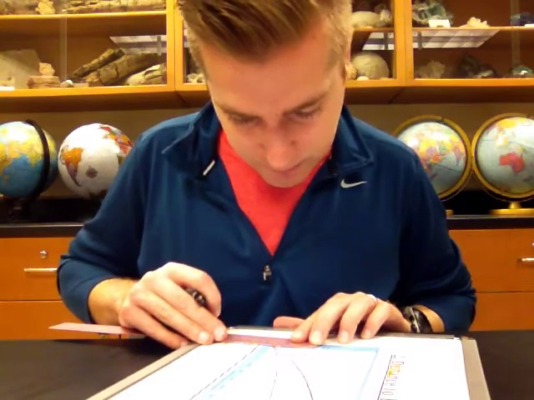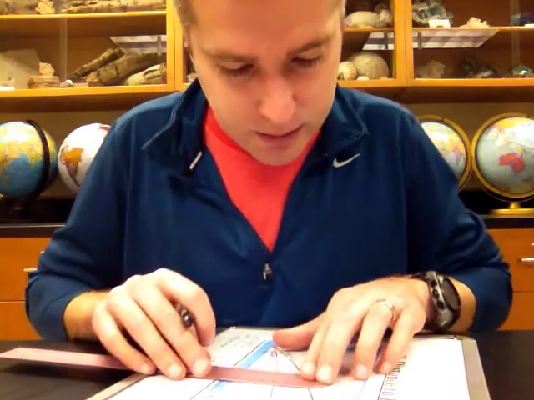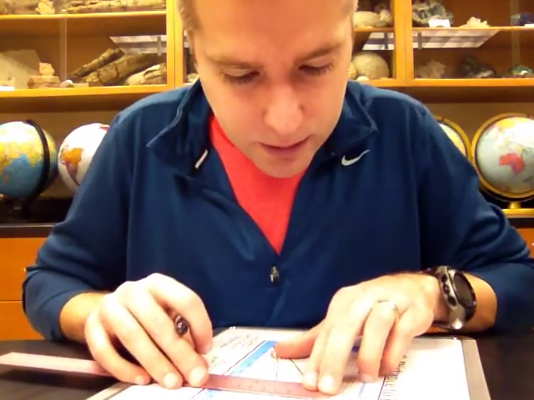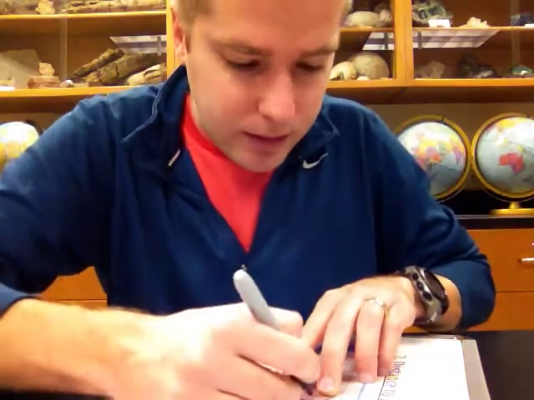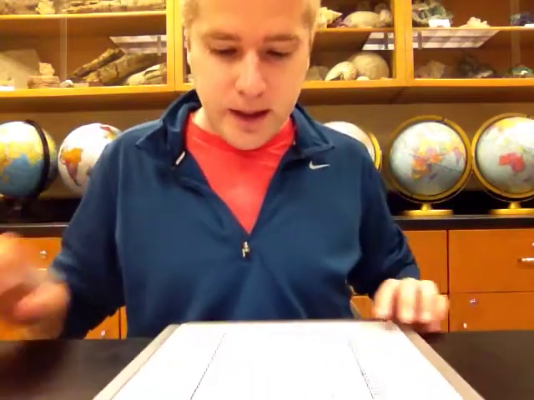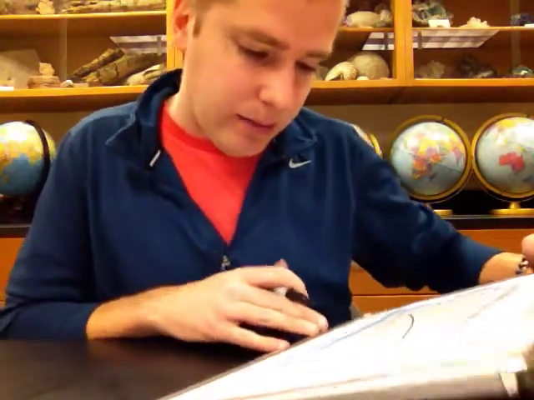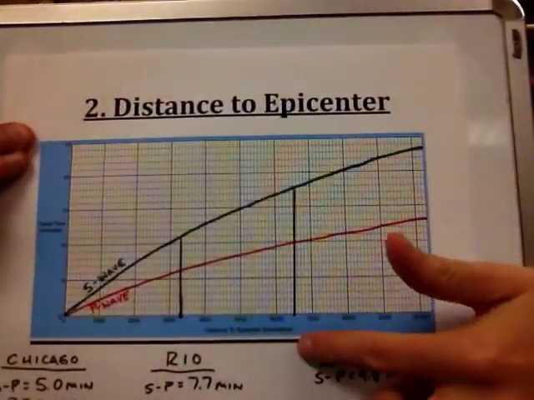But for 7.7 minutes, I'm getting about 3.2 centimeters, so I slide the ruler until we get to 3.2 centimeters, and then I'm going to draw the line straight down. So for me, I'm finding that Rio de Janeiro is 6,500 kilometers away from the epicenter. So make note of that.